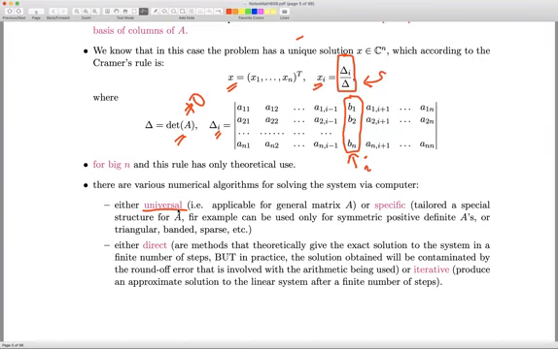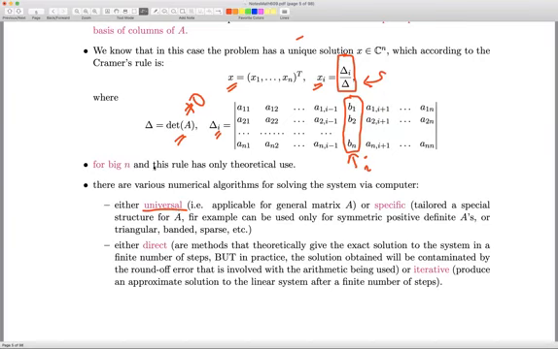Or there are methods for matrices that are sparse. Sparse means that these are matrices with huge dimensions, but in some sense they are simple because they have a lot of entries that are zeros.